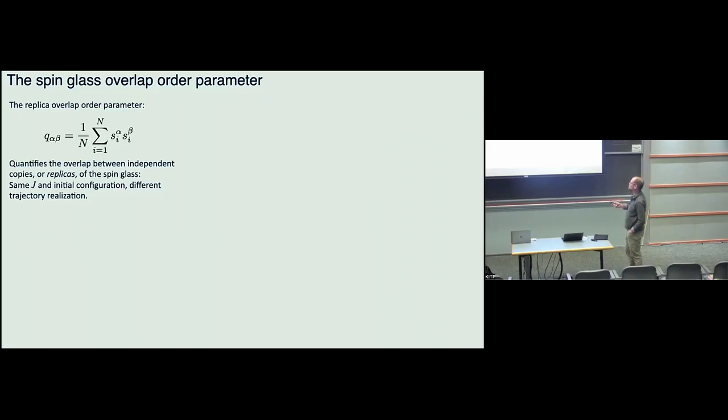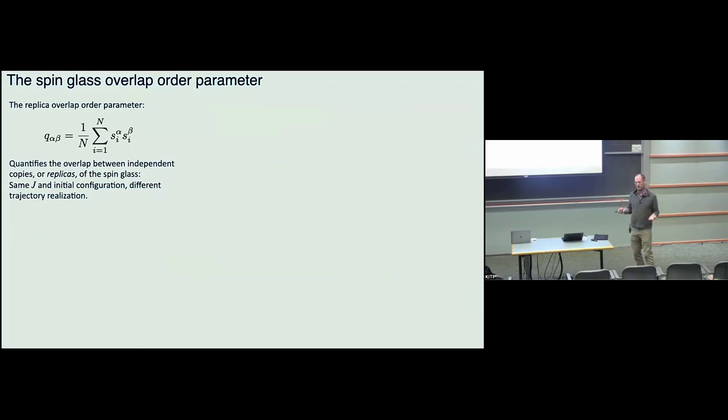The other name for it is the replica overlap order parameter, because what you do is you take a spin at site i from one copy of the system and multiply it by the spin at the same site i from an exact copy of it in another system. You label those systems by alpha and beta, and maybe you have a million of these, so the alpha beta index can go to 1 million. Then you sum over all of those spins, take the time average, and that gives you Q alpha beta.